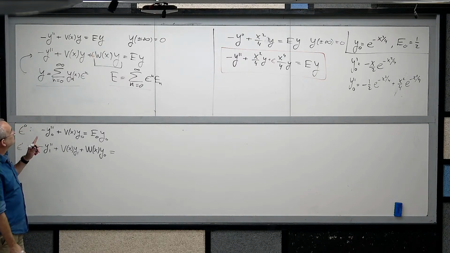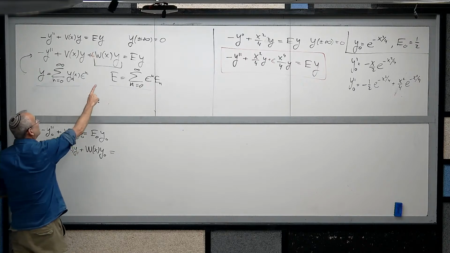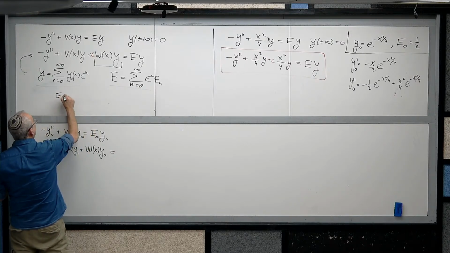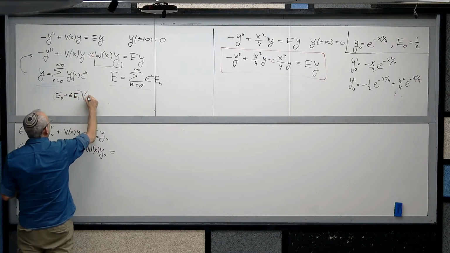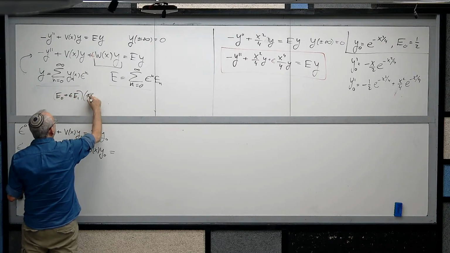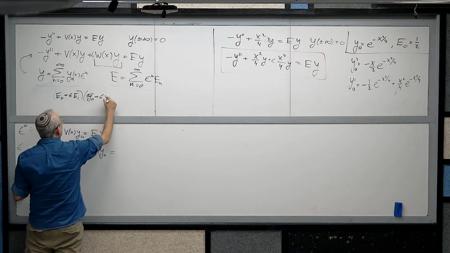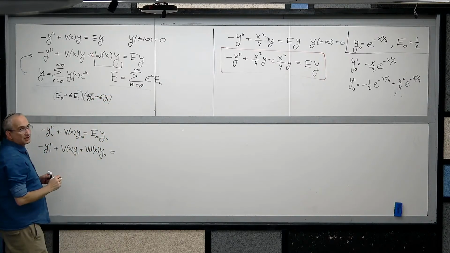E1 Y1. Actually, it will be a sum: E0 Y1 plus E1 Y0. Because if I'm writing E naught plus epsilon E1 times Y naught plus epsilon Y1, then I have two terms to keep that are first order in epsilon.